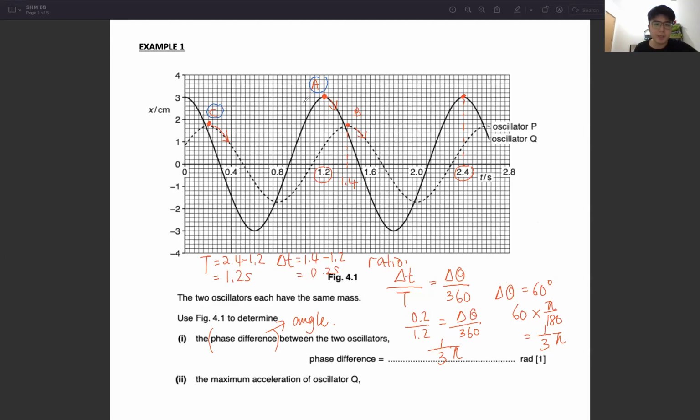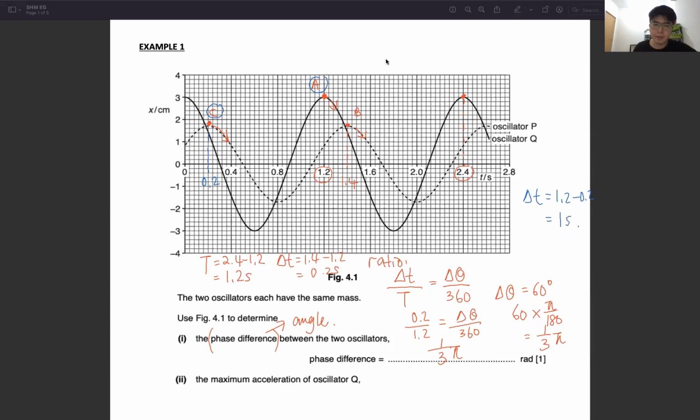So the angle between this one would be, again, I use the same thing. This one over here is 0.2. And this is 1.2, right? So the change in time is 1.2 minus 0.2. That is 1 second. Period, I use the same, 1.2 seconds.